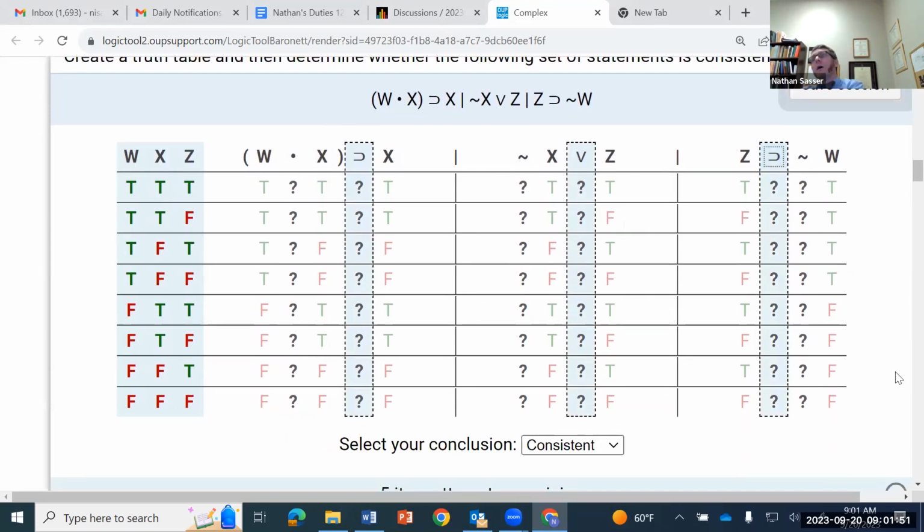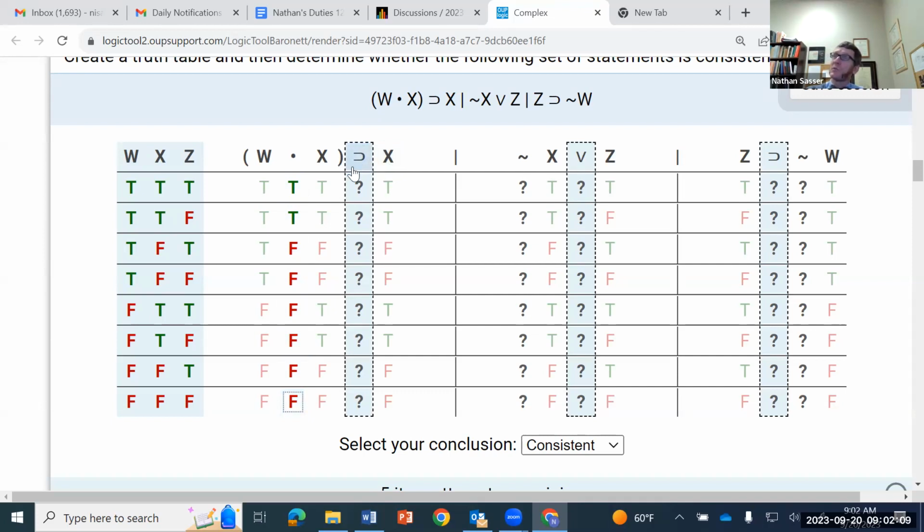So let me start with running the truth values here. I'm going to start all the way inside the parentheses with the dot, the conjunction. Both conjuncts have to be true, right? So we got true, true, false, false, false, false, false, false. And then we've got the horseshoe.